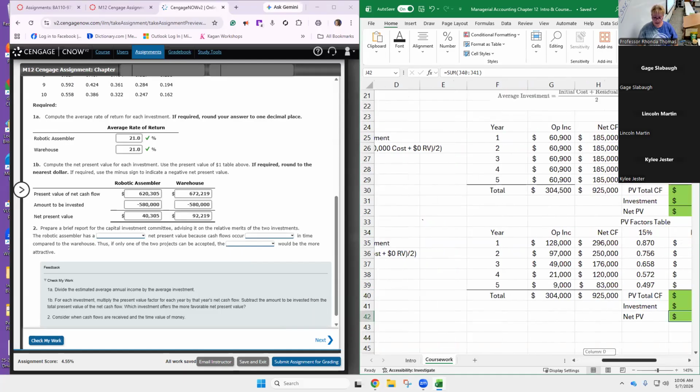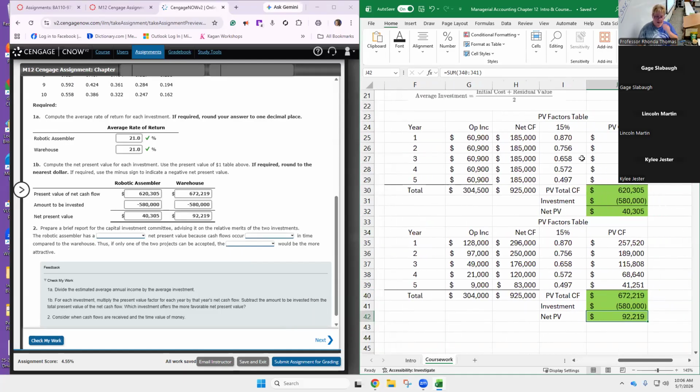But we did get some guidance when we used the net present value, and it looks like the warehouse is the best option based on what we have here. And the fact that they're both the same investment also helps promote that the present value helps with the decision. All right, so here's the report.